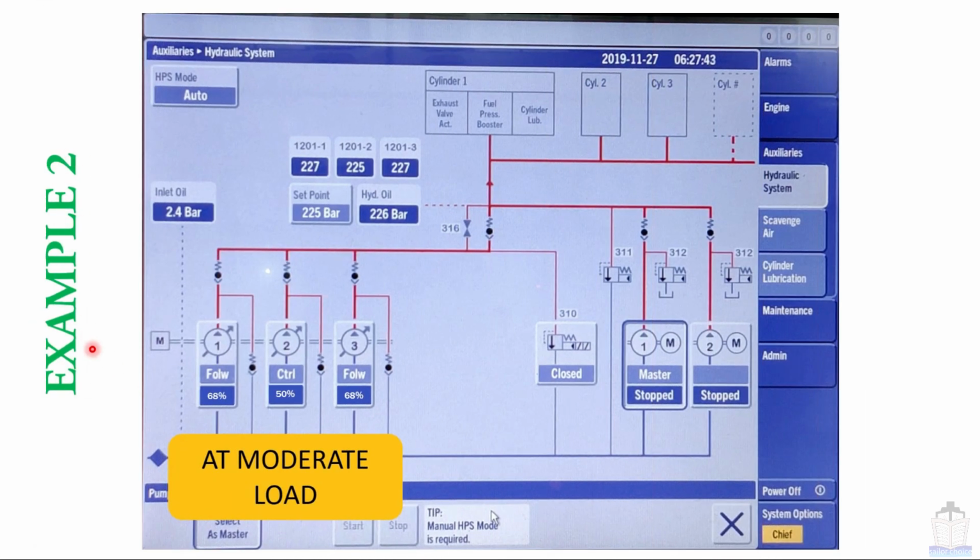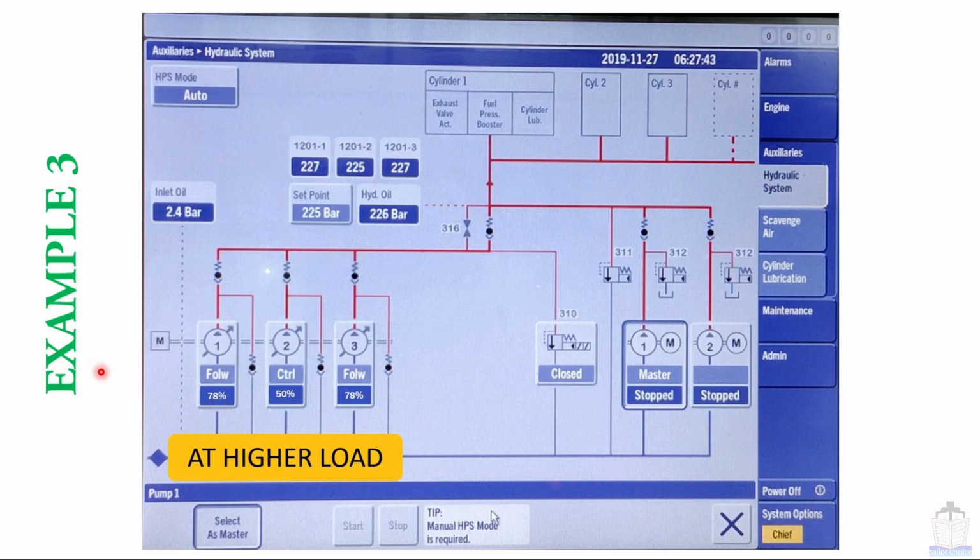Now in example number 2, the engine is assumed to be at moderate load. In that case, the control pump will run at 50% load and follow pumps will run at more than 50% load, say 60% or 70% like that.